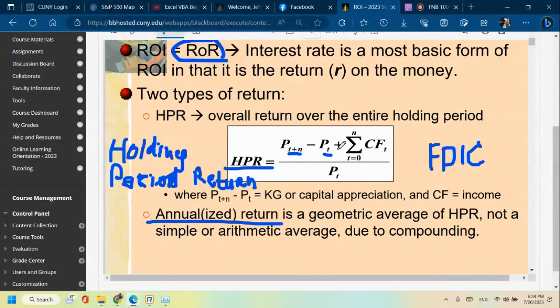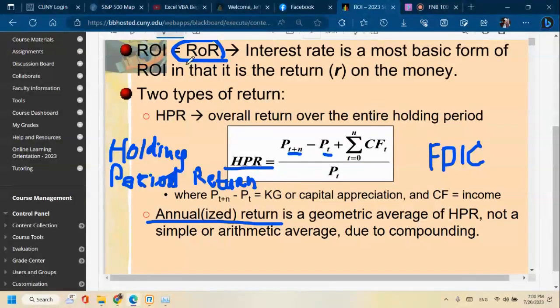P stands for price. And these are time markers. These are called time subscripts. A time subscript is nothing but a time marker. Time marker means it marks the time.